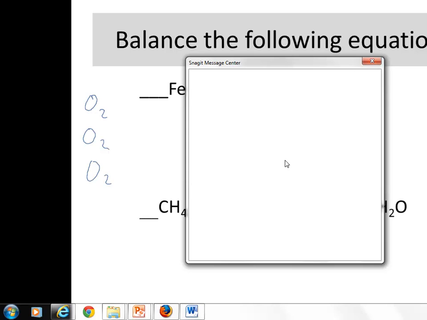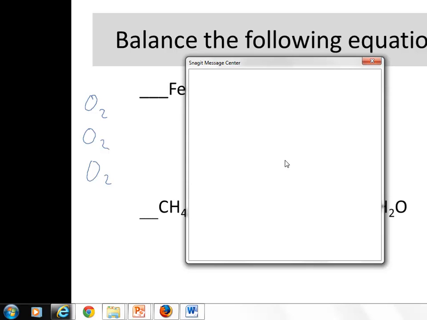So the easy way to balance it would be just to do a tally and find common multiples. So what's a common multiple of 3 and 2? 6, right? So how many 2's do I need? How many 3's do I need? I need 2. And then balance the rest.